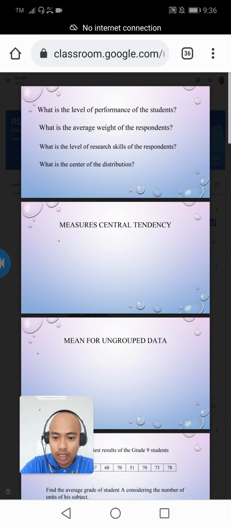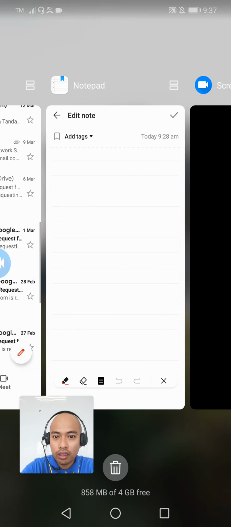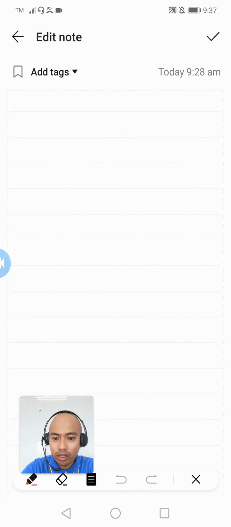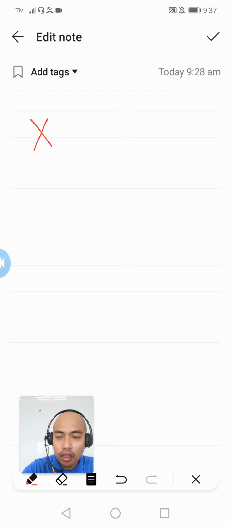So I would just like to present to you the formula for when our data is ungrouped and doesn't have particular weights. Let's say, for example, we have values of x, and these values of x are the raw data I'm talking about.